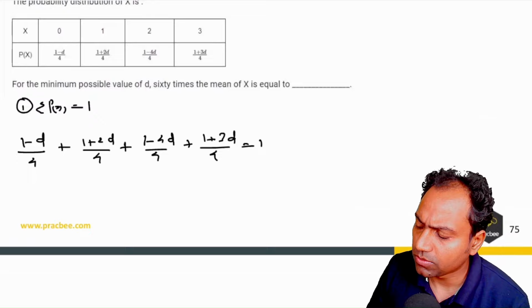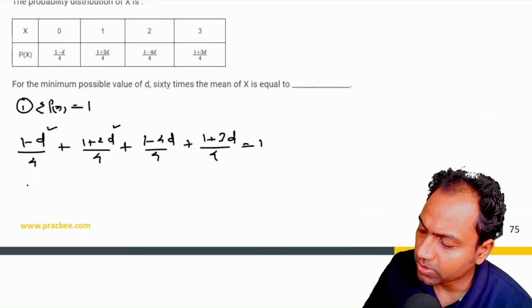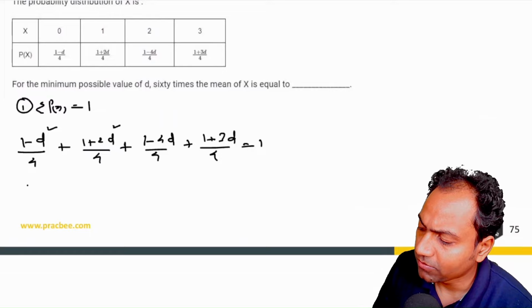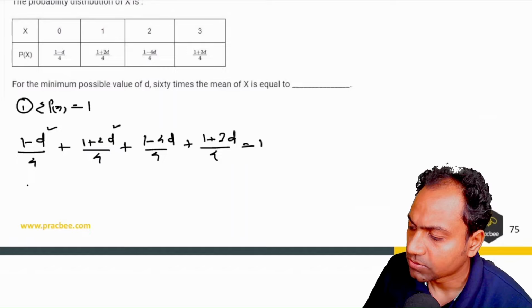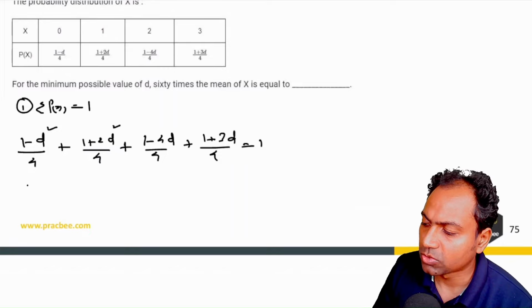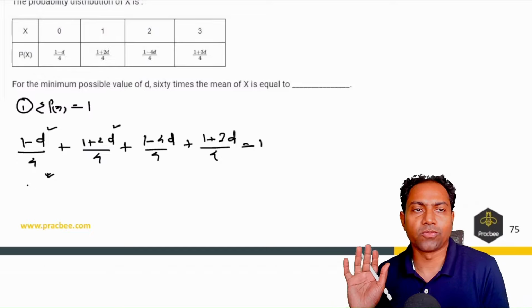The numerators we can add up: d and 2d gives 1d. The negative part adds to 5, the positive part is also 5, and it is becoming 1. So there is no issue with this part. It is automatically satisfied, and from here we get no value of d.